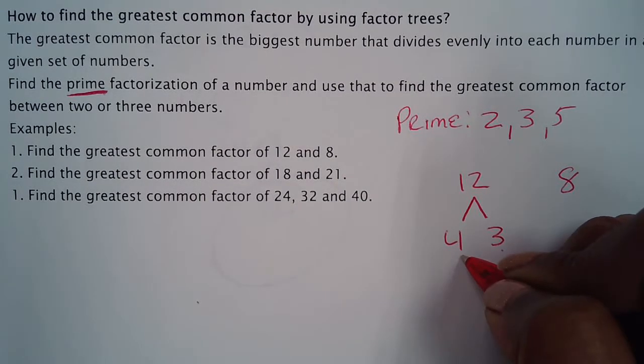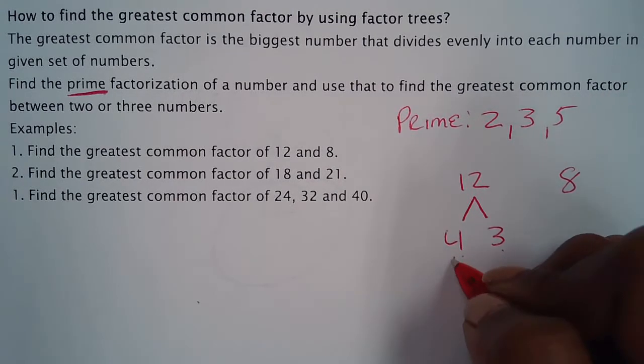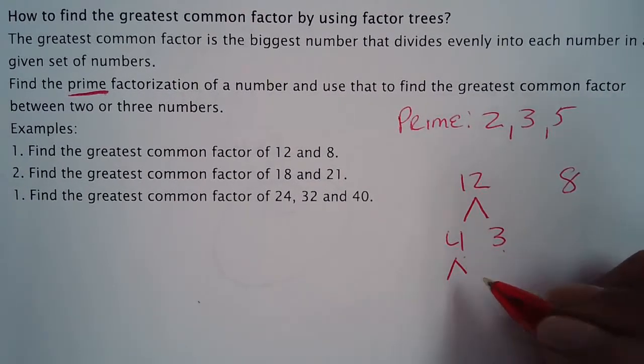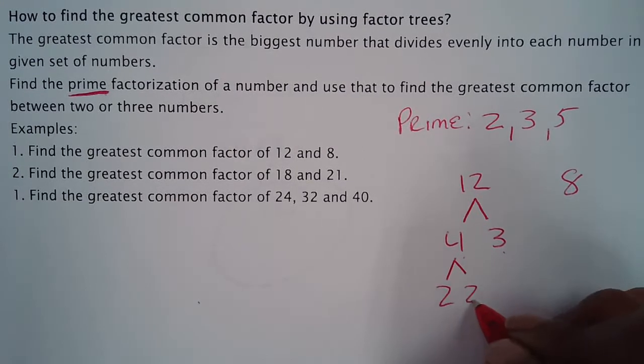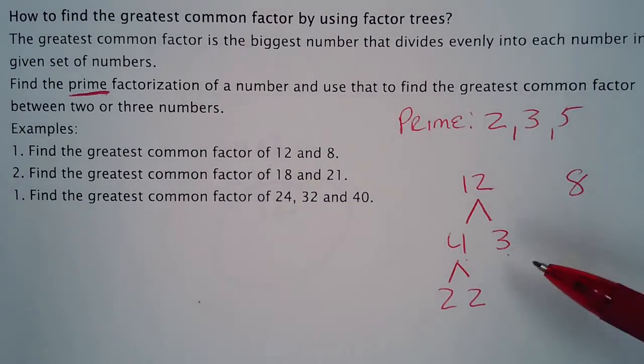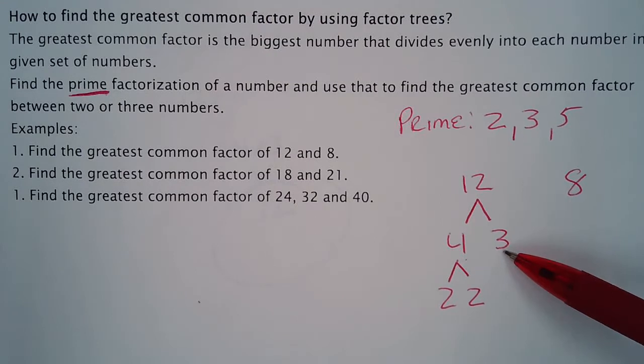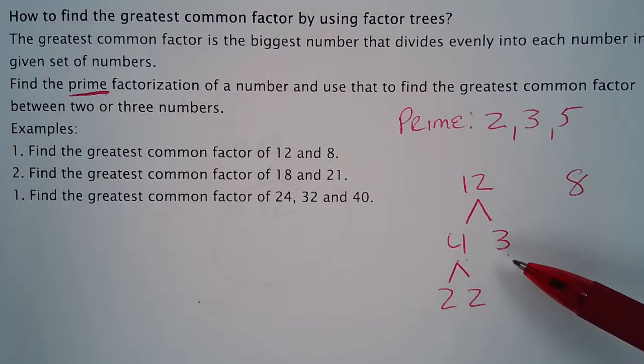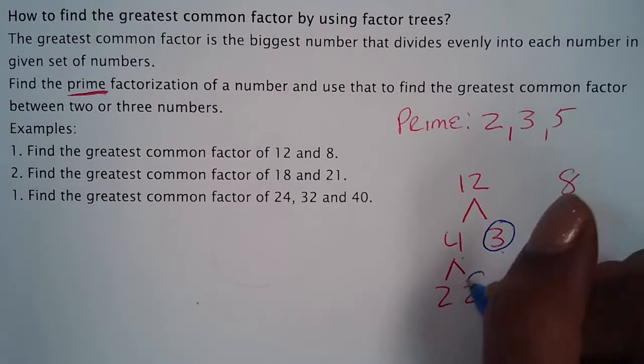But 4 is a composite number, which means it can be broken down further. So 4 can be broken down to 2 times 2. Now you can see that on the end of my tree, you might call them branches, all I have left are the prime numbers 2, 2, and 3. I'm going to go ahead and circle those in blue.